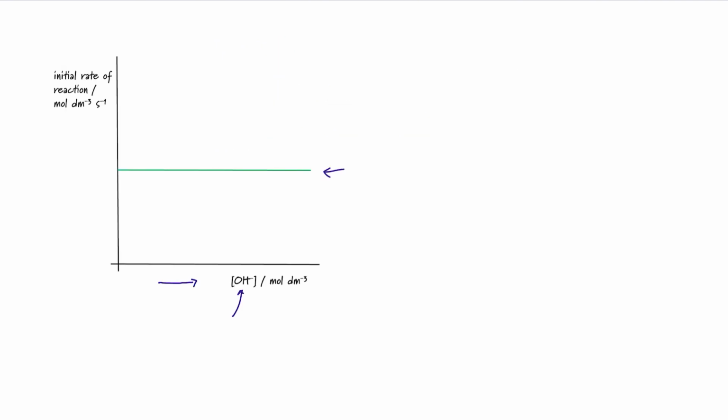So just to recap, if we take any reaction and we do a series of experiments to find how the concentration of each of the reactants affects the rate of reaction, we're then able to write a rate equation or the rate law for that particular reaction. So let's say rate equals K [A]^2 [B].